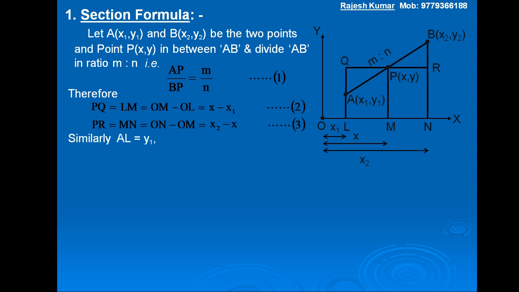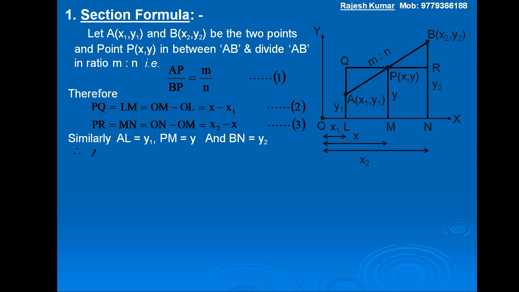Similarly, see in the diagram, AL is equal to y1, which is the y coordinate of point A. PM is equal to y, the y coordinate of point P, and BN is equal to y2, the y coordinate of point B.